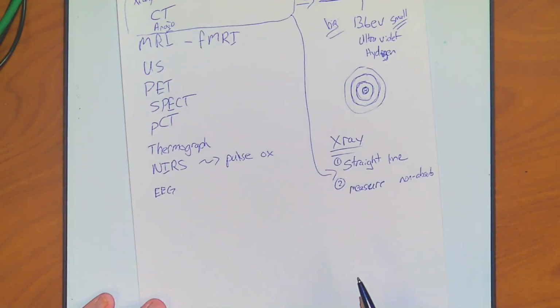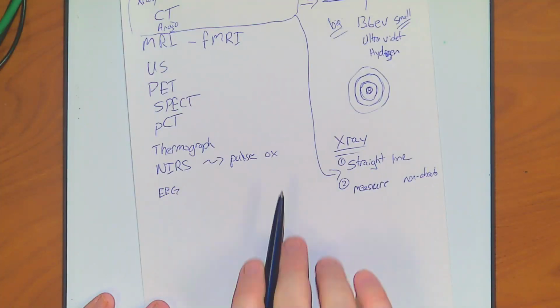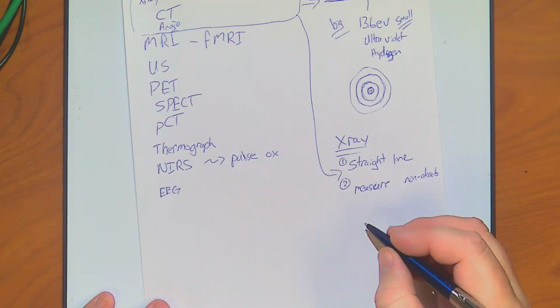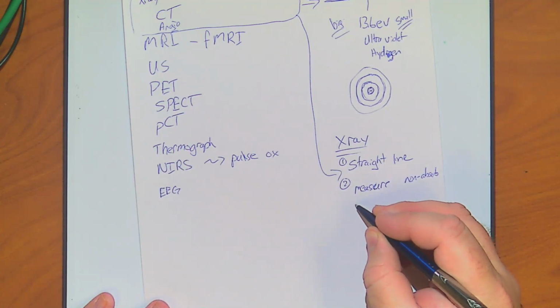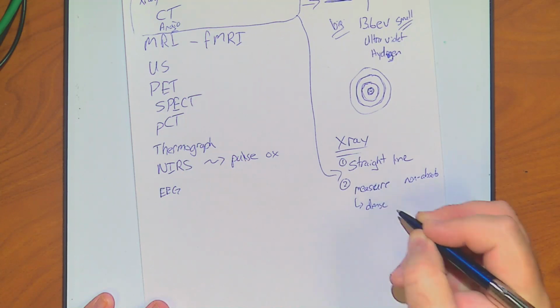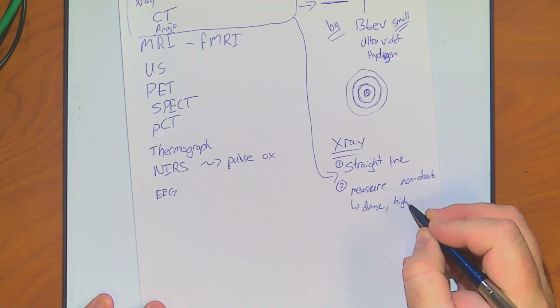And from that, we can figure it out. Now, that's what a basic X-ray does, and you get a picture. So you're going to get a map of the really dense stuff versus the not dense stuff. So it is measuring dense and high atomic number.